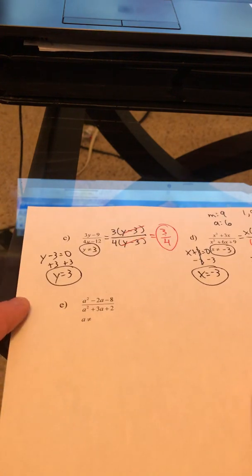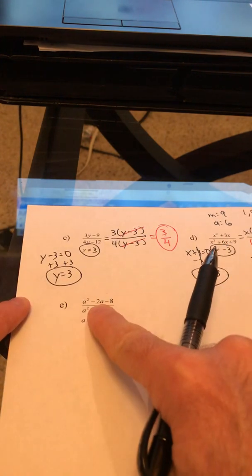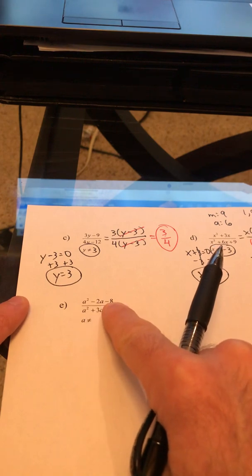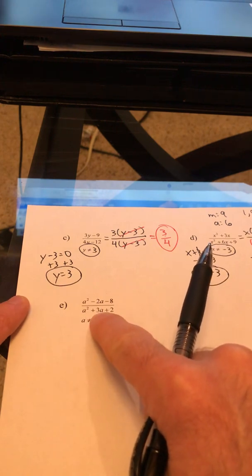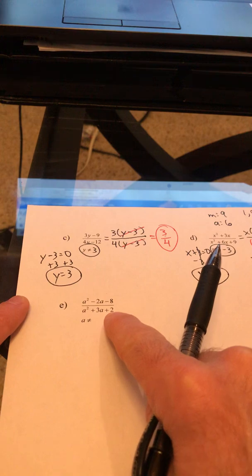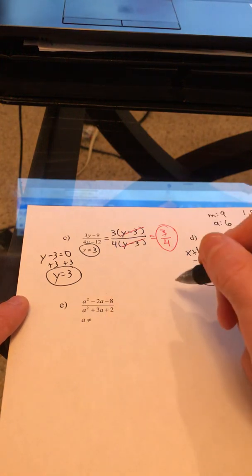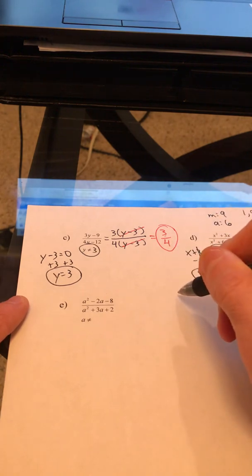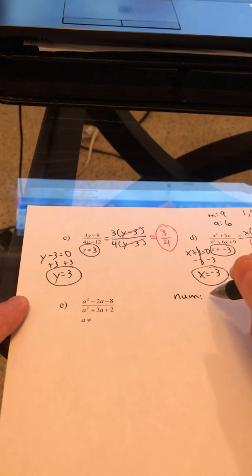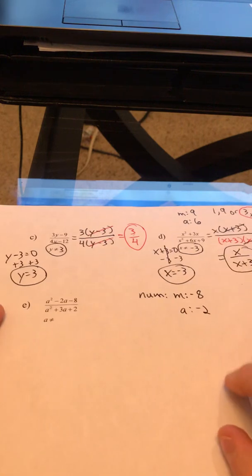So, one final example, a squared minus 2a minus 8 over a squared plus 3a plus 2. We are going to now have to factor both the top and the bottom. For the top, it has to multiply to negative 8, has to add to negative 2.